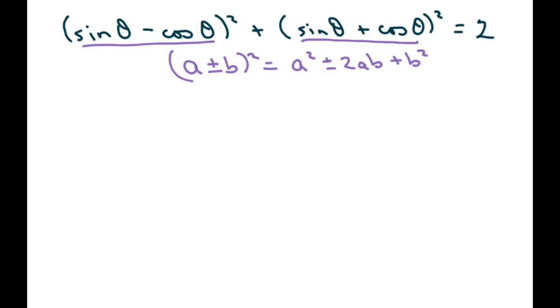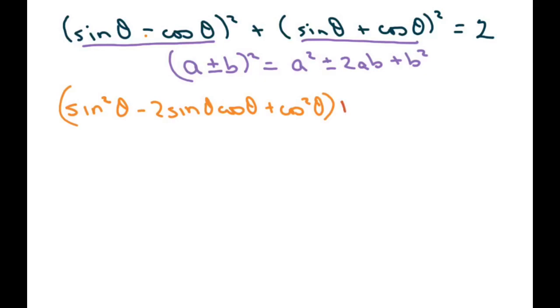So the first one we have the minus. So this first piece will be sine squared minus 2 sine cosine theta plus cosine squared. And that's the first piece. And the second piece is the same, but everything's plus because of the plus here.